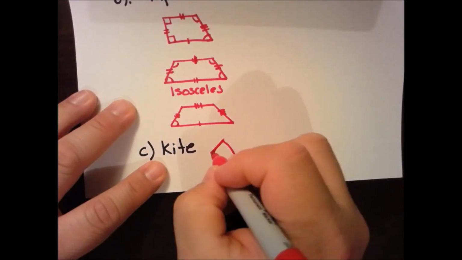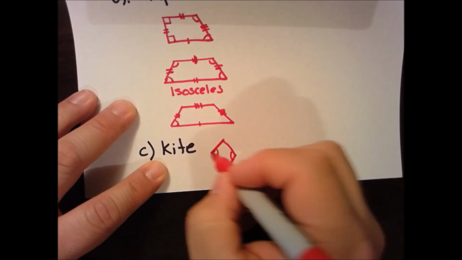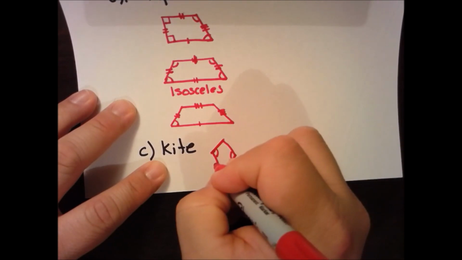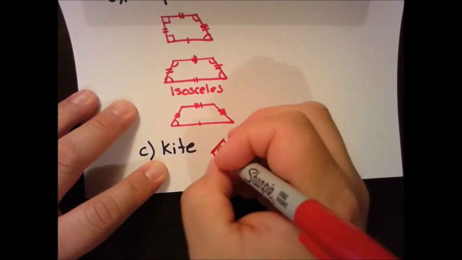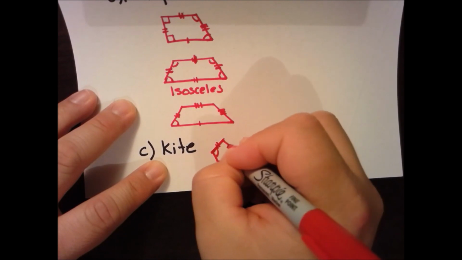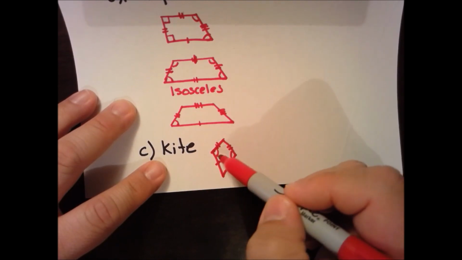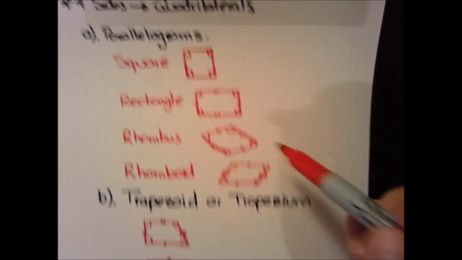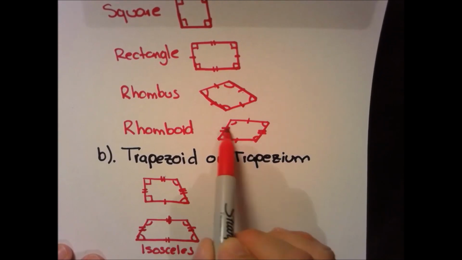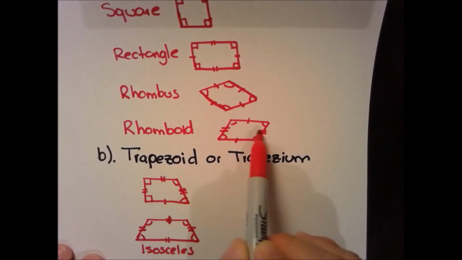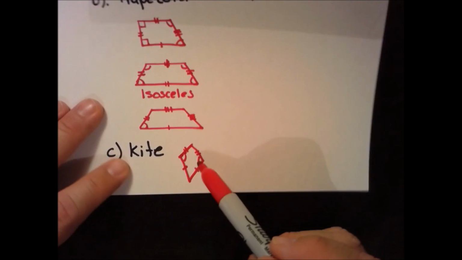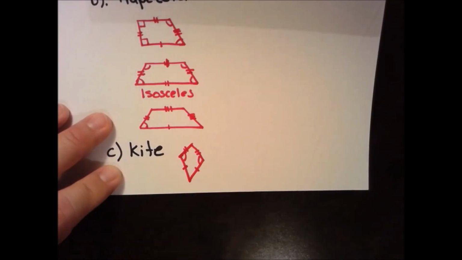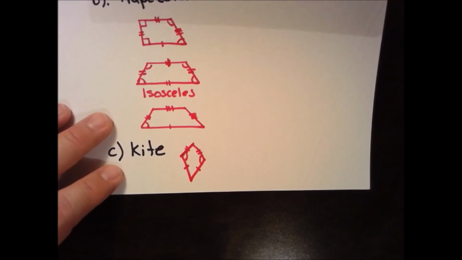Two same angles, two sides with the same length, and two sides with the same length. But as you can see, the difference with the rhombus is that here this and this are the same, and they are next to each other, not in front of each other like that one. So that's why it's going to be called kite.